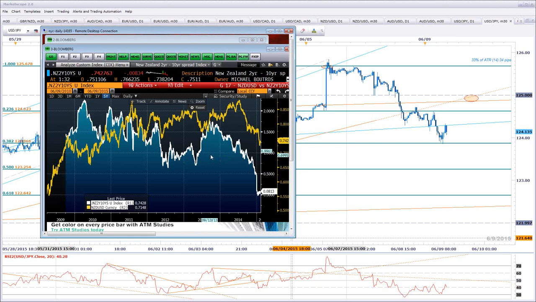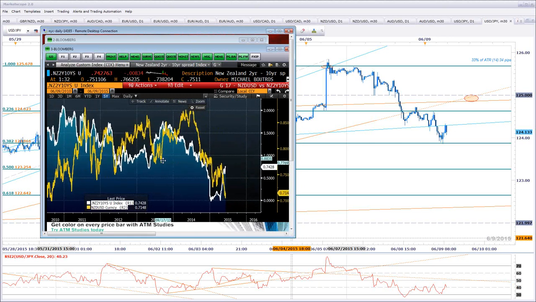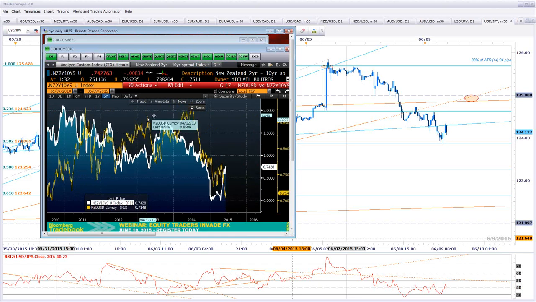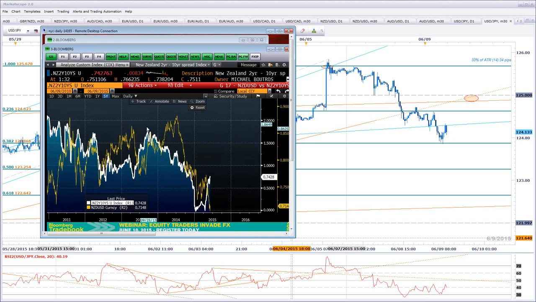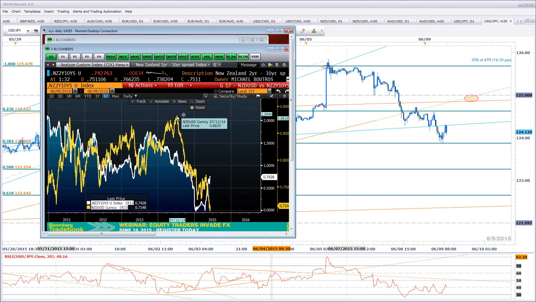Certainly on this type of trade, looking at the lows, the Kiwi turned first, and then you saw that spread start to change. On this high, the high was made in the Kiwi well ahead of where the 2-year spread made. The 2-year turned early on here in 2013. Kiwi continued higher and then turned afterwards.